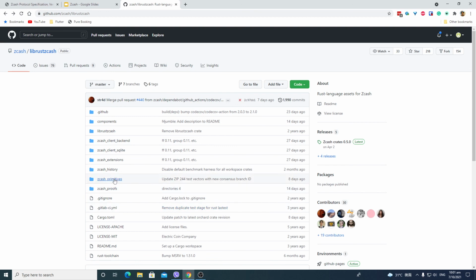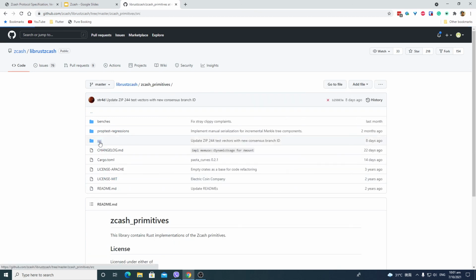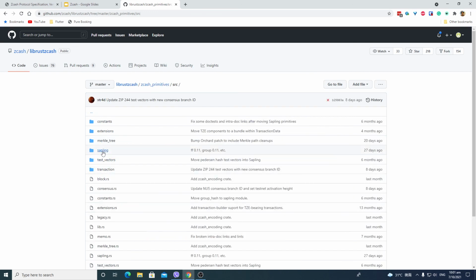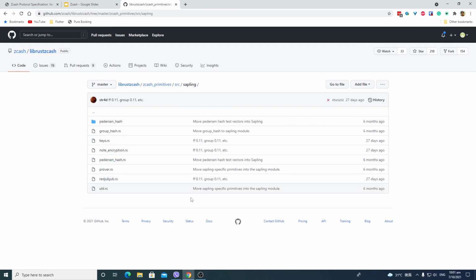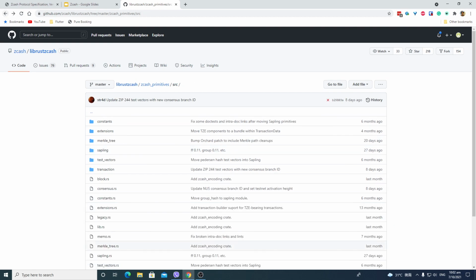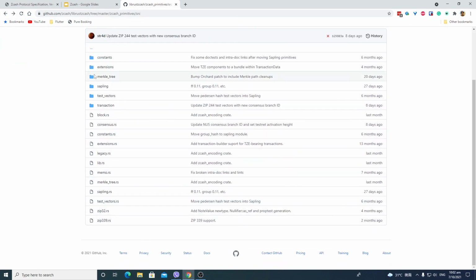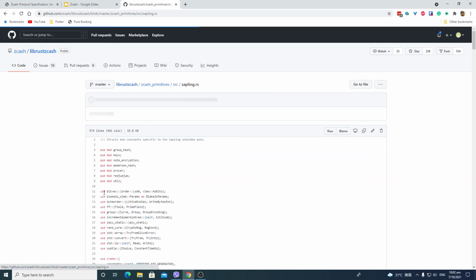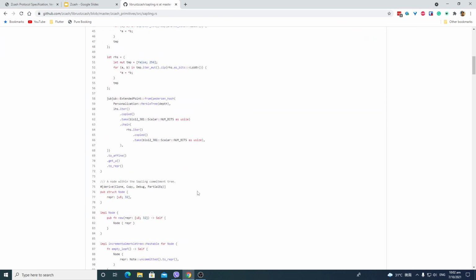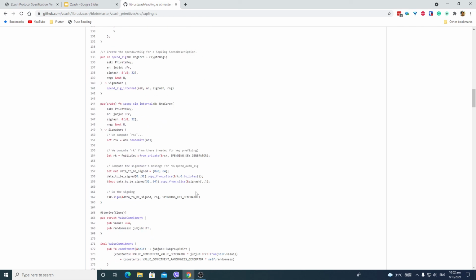Okay, so you need these two guys though. Zcash primitives are the implementation of all the things we talked about, especially in Sapling. So we talked about these keys, how to create transactions. This is all going to be here, right? And you have the high level objects here. So if you're looking for the IVK, hopefully it's going to be here.